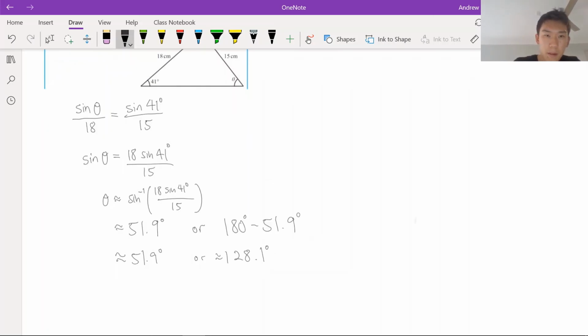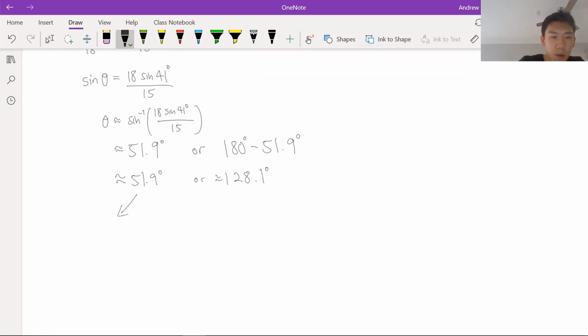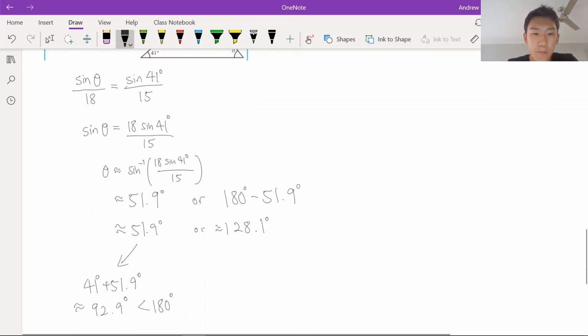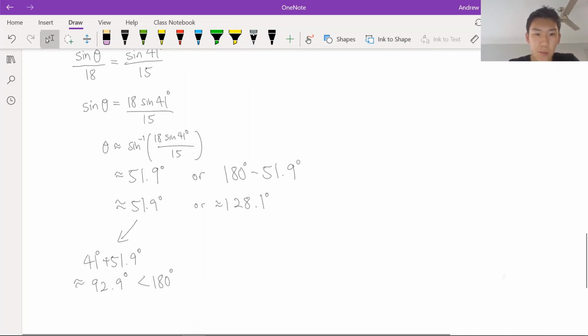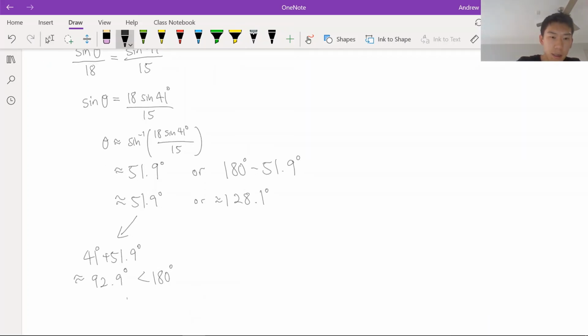So this one, if we do 41 degrees plus 51.9 degrees, we have 92.9 degrees, which is less than 180, which means our third angle exists, which means this angle works.